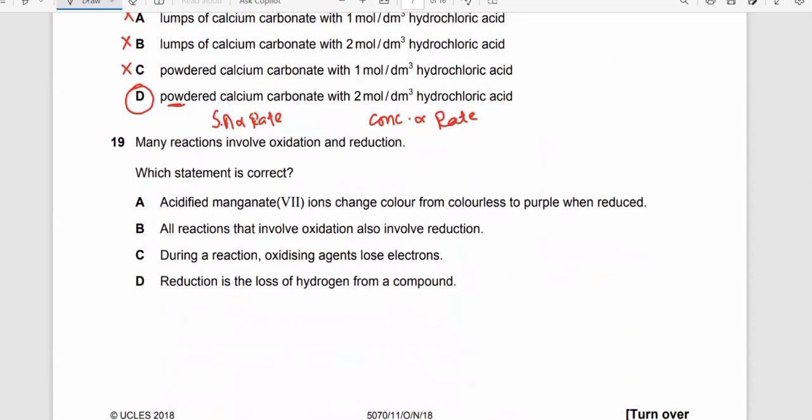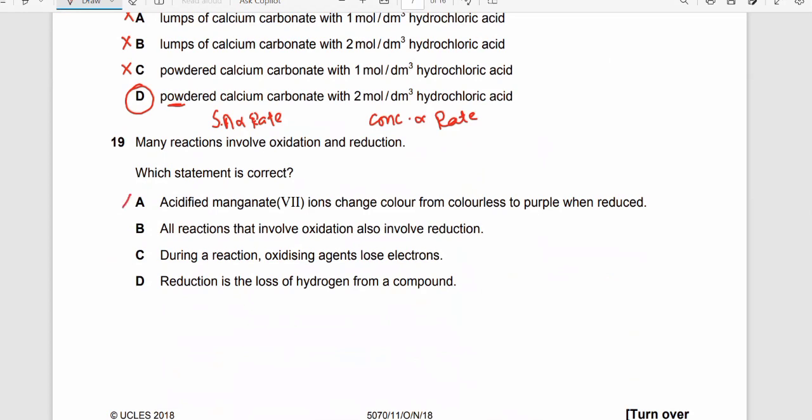Question number 19. Many reactions involve oxidation and reduction. Which statement is correct? Acidified manganate ion changes color from colorless to purple when reduced. No, from purple to colorless. When reduced, its oxidizing agent itself is reduced, but the color is the problem.